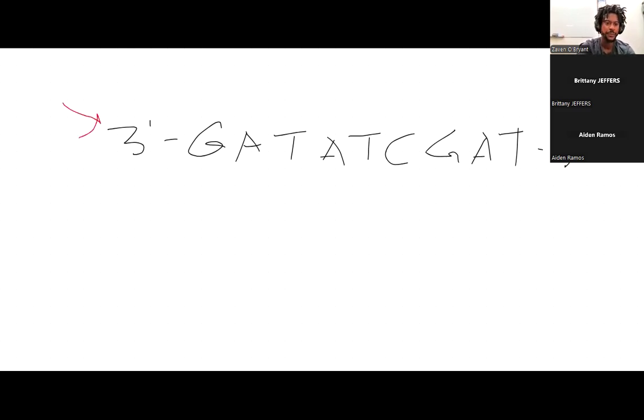This strand, we know that it is DNA because it has T's instead of U's. And so if we were to transcribe this, we would need to put in U's for all the base pairs that contain A's. That's first off.